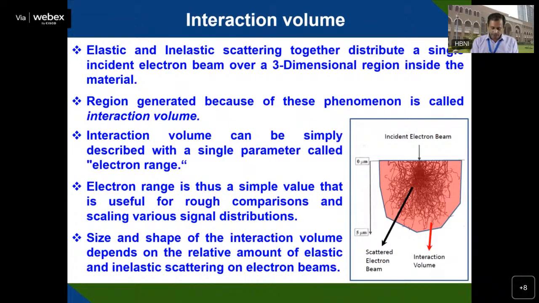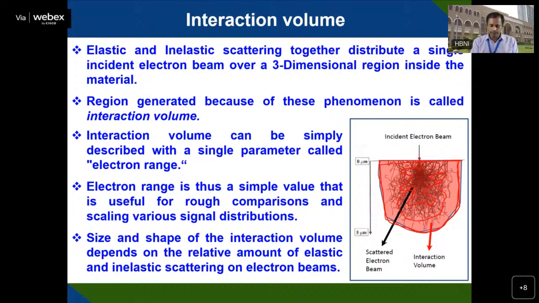So overall, when the electron beam interacts with a material, it depends upon the interaction volume. You can see here this is a material, and on that material you can see this shaded area. This is the main area where the electron beam is interacting. Once the electron beam comes in, it undergoes random interactions inside the material and generates a volume up to which the interaction is maximum.